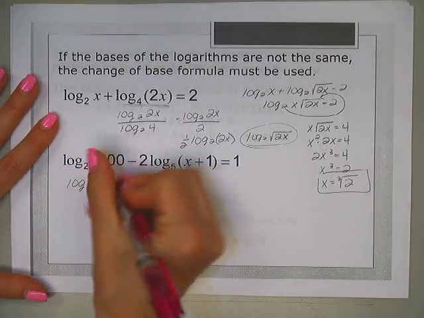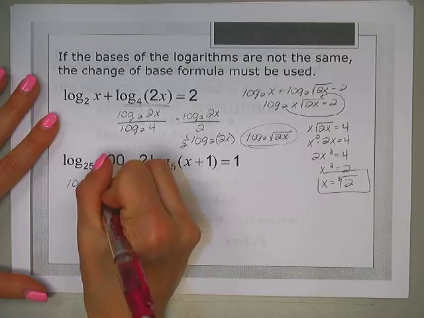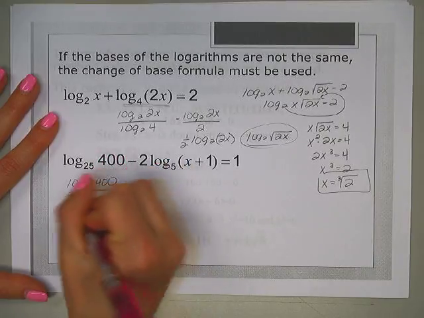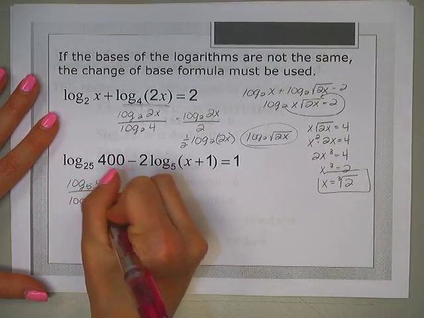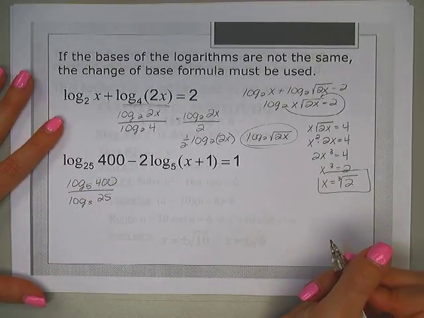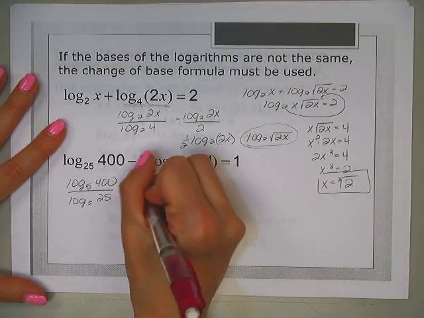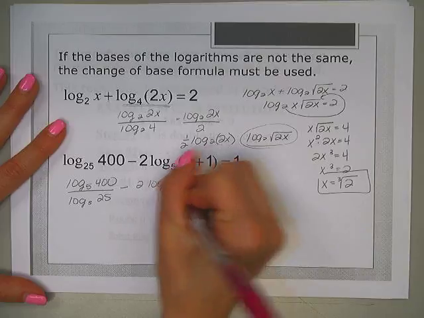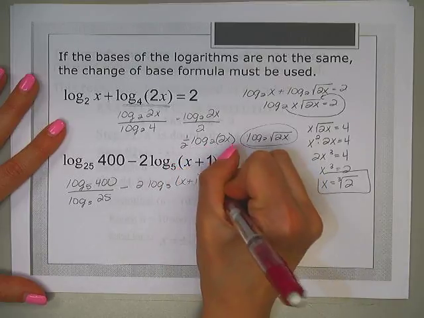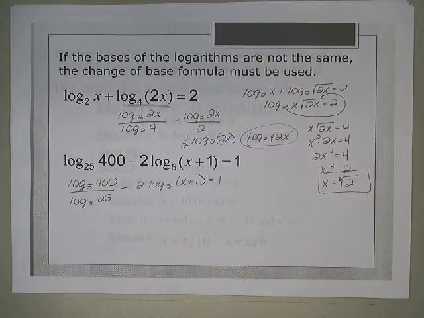Therefore, x cubed equals 2, and x equals cube root of 2. All right, let's look at another one. I've got log base 25 of 400 minus 2 times log base 5 of x plus 1 equals 1.